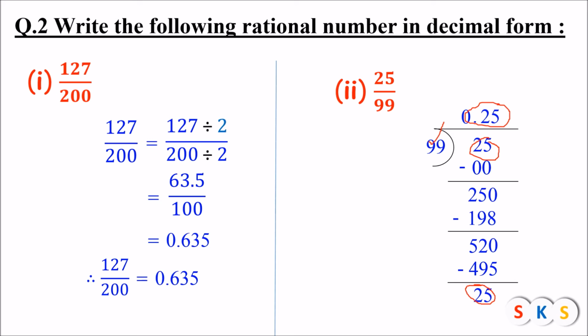So if I divide 25 again by 99, I will get the same thing. I will get 25 again here. So we will get 0.25252525, right? It means the decimal form of this fraction is non-terminating and recurring. So 25 upon 99 will be 0.25 with the bar over 25.